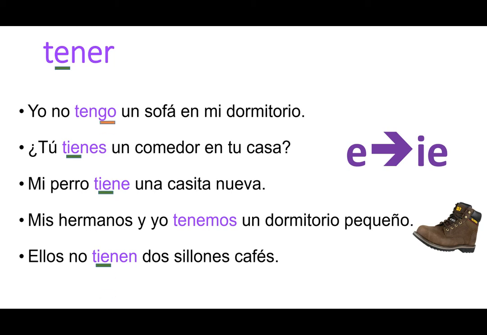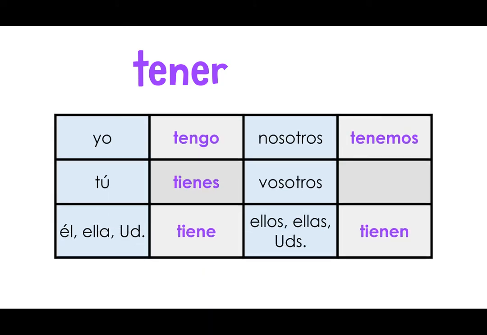But here we also have something original, which is considered a yo-go verb because it takes the TEN base and adds a G before the O. So tener is an E to IE stem changer and a yo-go verb. What does tener mean? Well, you should remember back from the chapter with the school supplies that tener means to have.